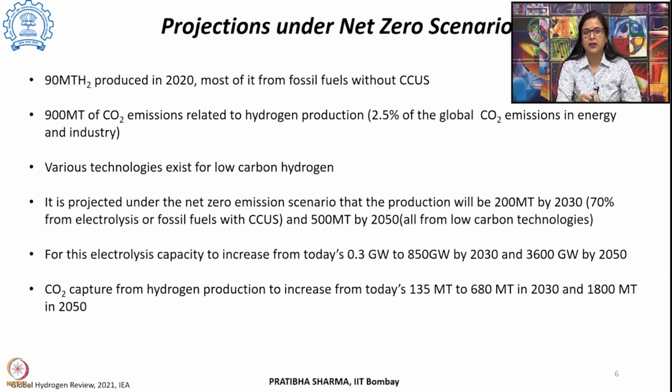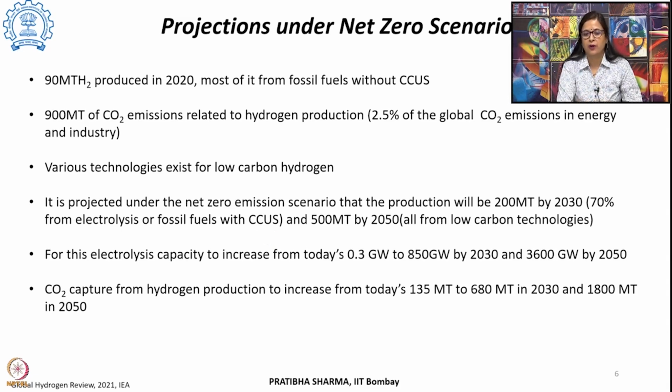However, it is expected that the scenario may change, and in the net zero scenario, the production of hydrogen from the current 90 million tons will increase to 200 million tons by 2030. And it is projected that out of that 200 million tons, 70% should come from electrolysis and fossil fuel with carbon capture, use and sequestration.